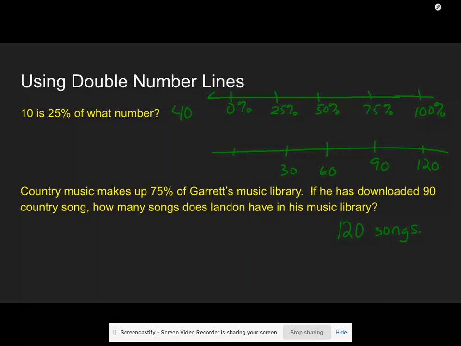So in a double number line, what you're looking for is what number is going to end up lining up with 100%.